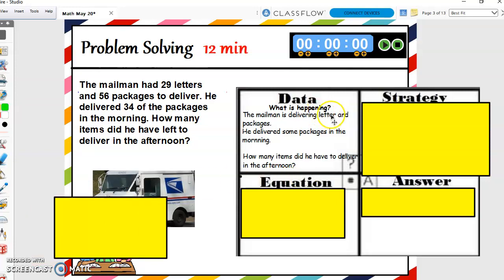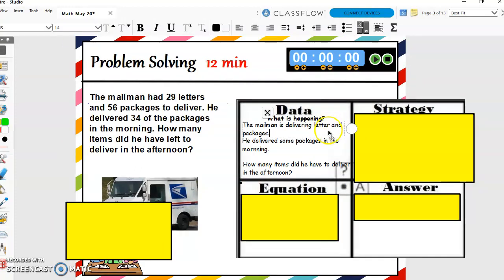And look, I left the S off of my letters. So let me fix that real quick. Okay, it's going to stay like that.